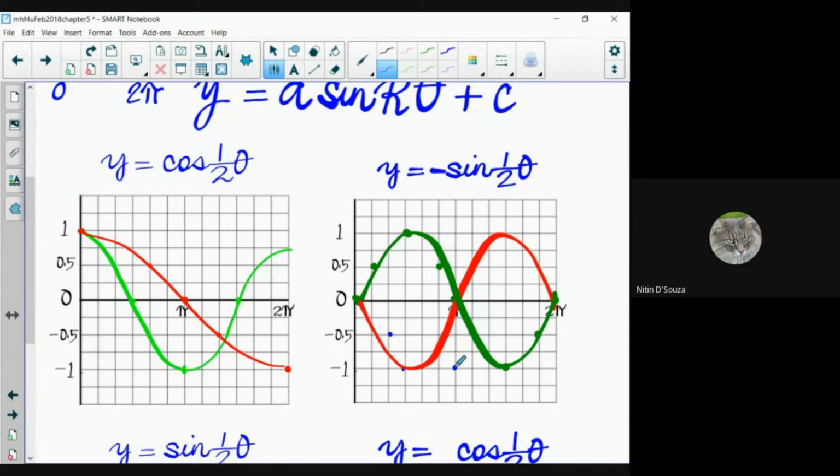We've got this one at 5 squares, so it should be at 10 squares.